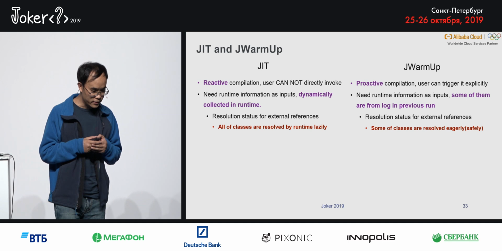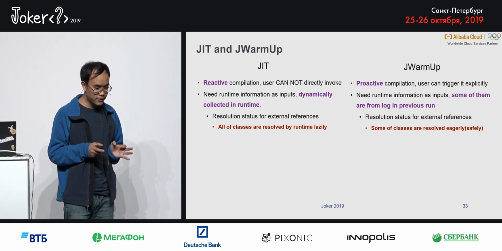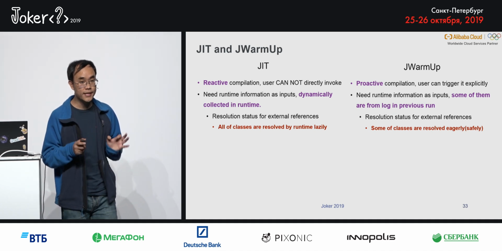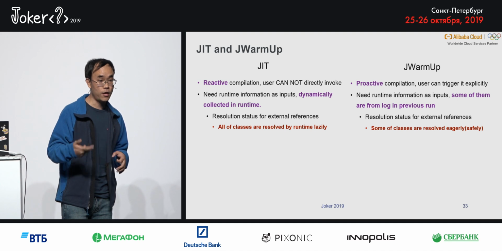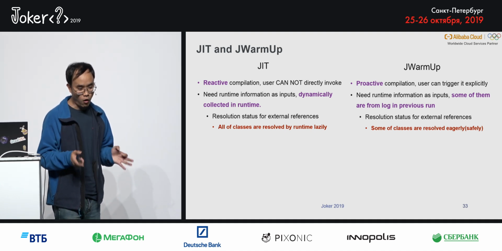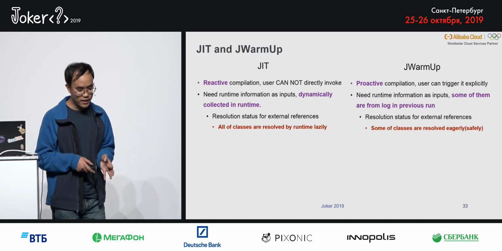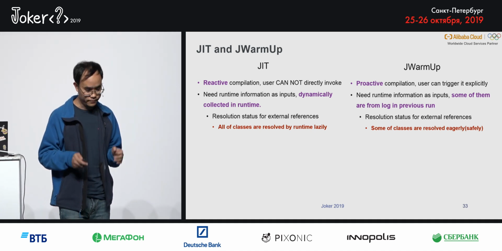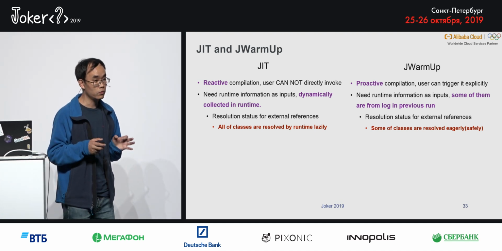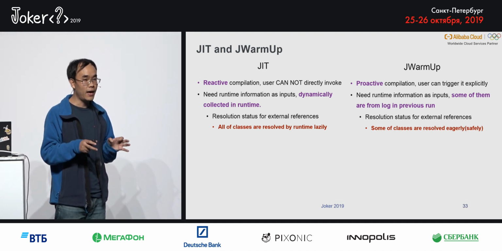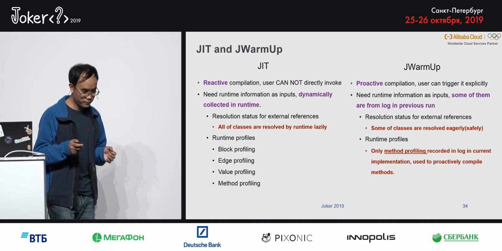The third thing is for the just-in-time compiler, all the classes are resolved lazily at runtime by your application logic, right? But for warm-up, as I showed in the previous slide, some classes are resolved eagerly and safely. We want to compile as many hot methods as possible after safe initialization.